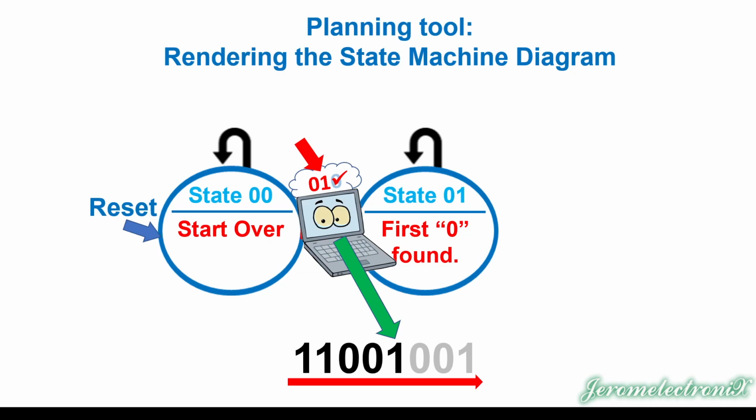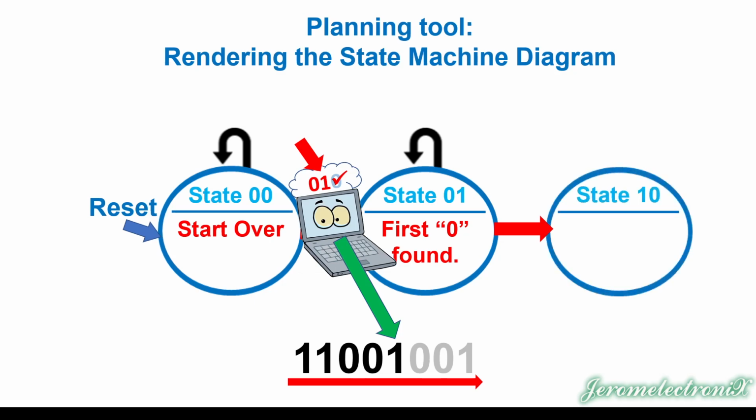With states named with 2 binary digits, we can call the next state state 2, which looks like a 10 in binary, but by now you should know that's a 2. This state acknowledges that the first 2 digits of the sequence, a 1 and a 0, have been found.